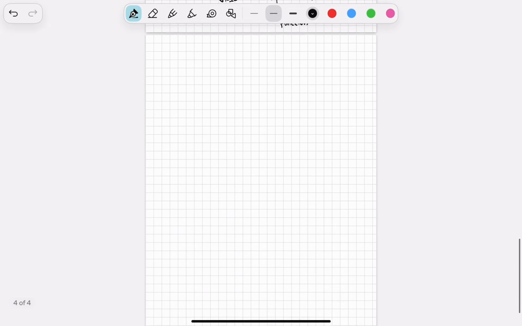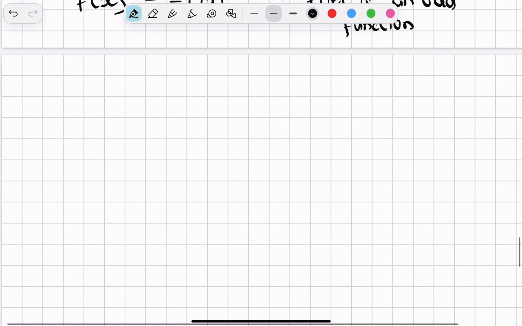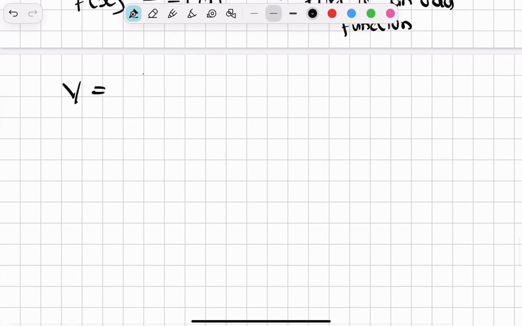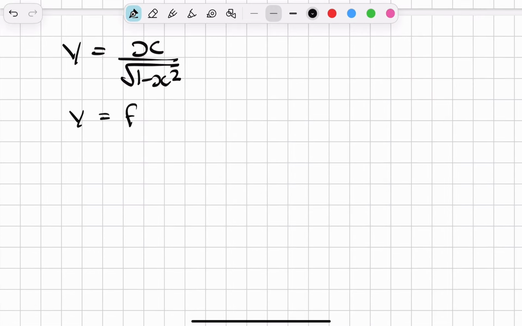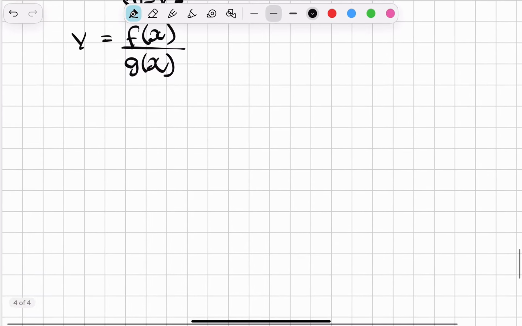Now an alternative way to sketch our graph is by looking at our fraction as two separate functions. So y equals f of x over g of x, where f of x is x and g of x is root 1 minus x squared.